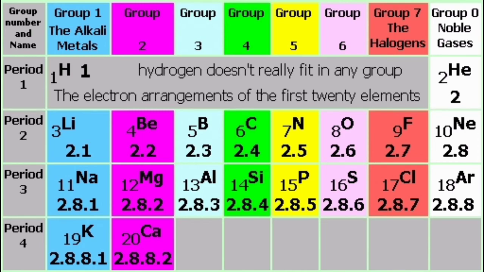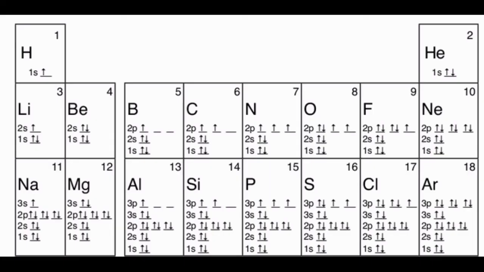Using the SPDF, if for instance the last electron ends at S1, we say that the element is in group 1. If it ends at S2, we say the element is in group 2. If it ends at P1, the element is in group 3. P2, group 4. P3, group 5. P4, group 6. P5, we say it is group 7.